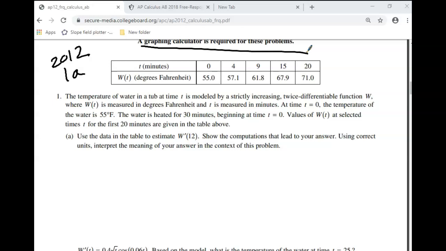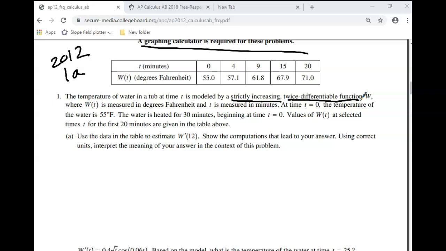The temperature of water in a tub at time t is modeled by a strictly increasing, twice differentiable function. These words aren't too horribly important to us right now. Twice differentiable, we're not going to sweat too much here.